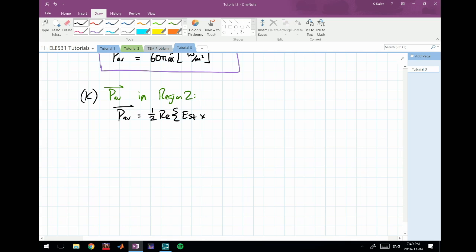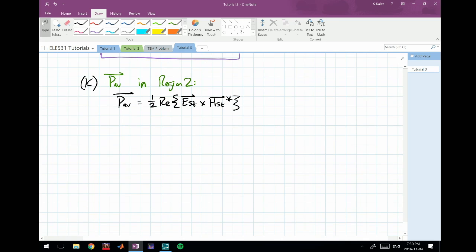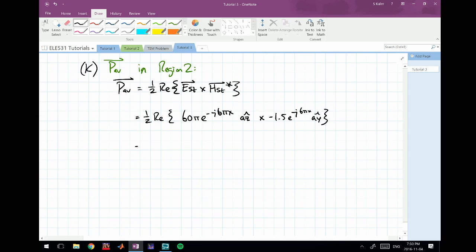So now he wants us to find the same thing with the transmitted waves. Again, we take the conjugate. I have 1/2 real of 60 pi e to the minus j6 pi x az cross minus 1.5 e to the minus j6 pi x ay. I'm not going to go through the entire multiplication. But this whole thing is conjugated, remember that.